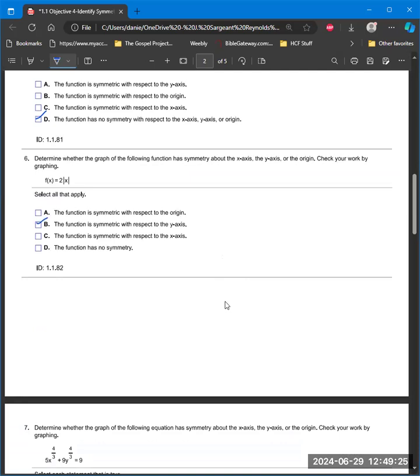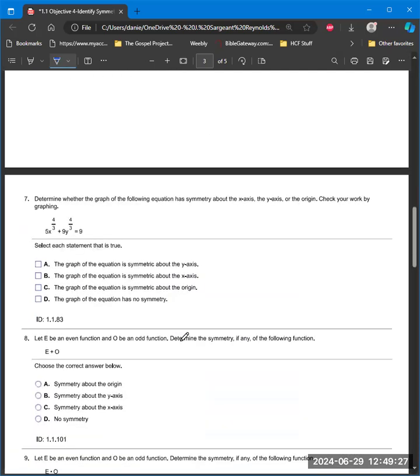It's symmetric to the y-axis. Everything on the left-hand side is odd, but on the right-hand side, there's no odd power over here. It's going to be neither because, that's not right. These are even.